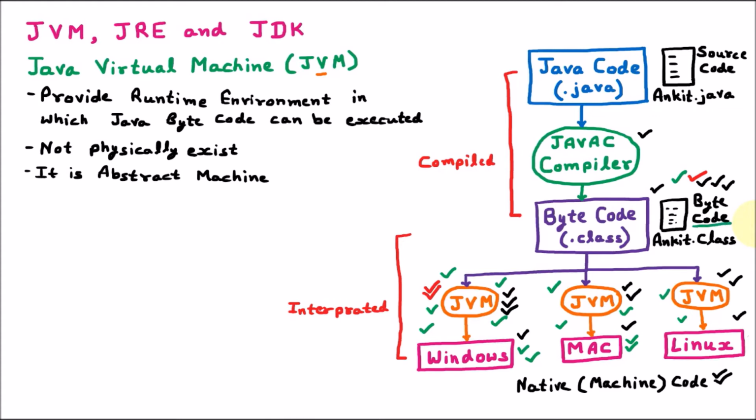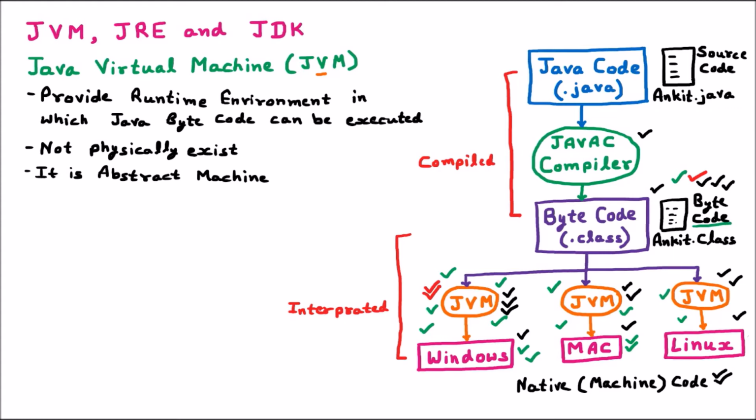So here we are converting the source code to the bytecode. Then bytecode can run on any of the operating systems based upon their JVM. That's why Java is a platform independent language. There is an important point about when to use JVM. If you want to make an application in Java, meaning develop the application, JVM cannot be used.